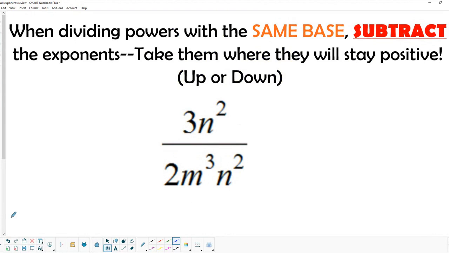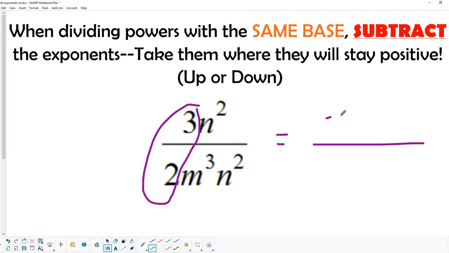All right, then we talked about when you're dividing powers with the same base, subtract the exponents, taking them so they stay positive, up or down. So kind of an interesting prospect there. Now this problem actually has a couple of different parts. We've got a 3 over 2. So as part of our answer, we've got 3 on top and 2 on the bottom because that's already simplified.